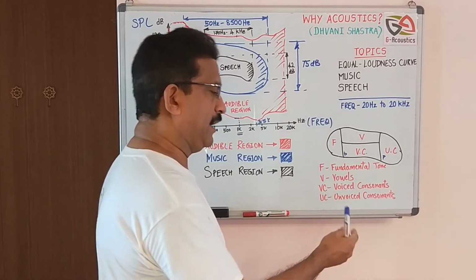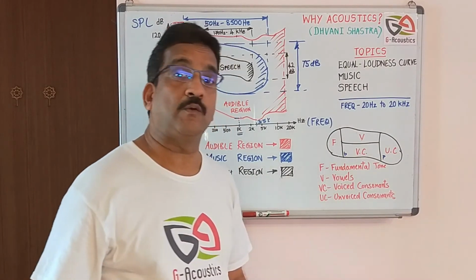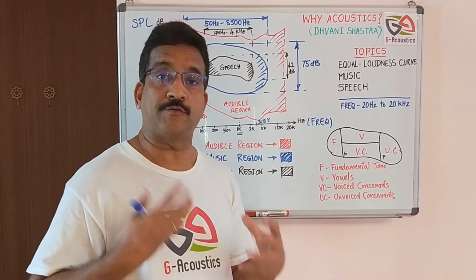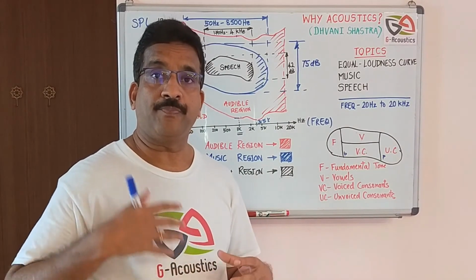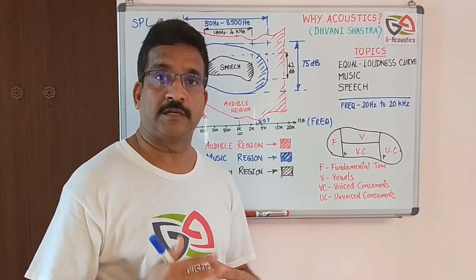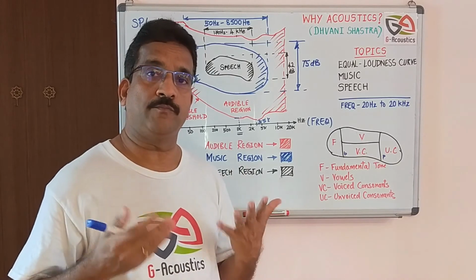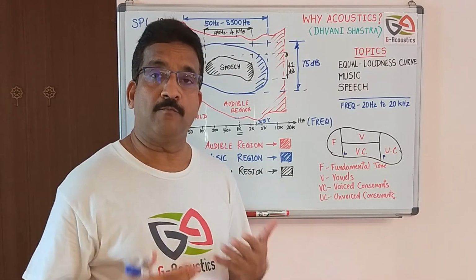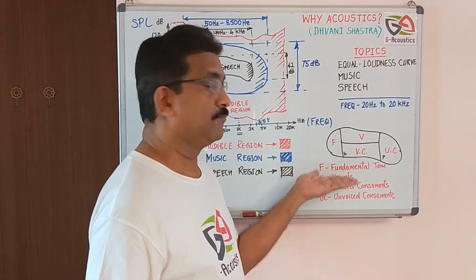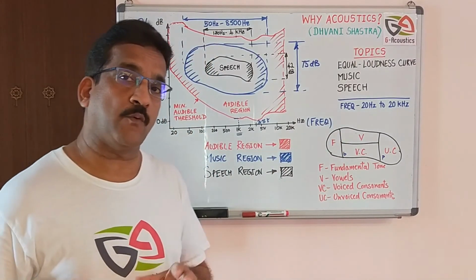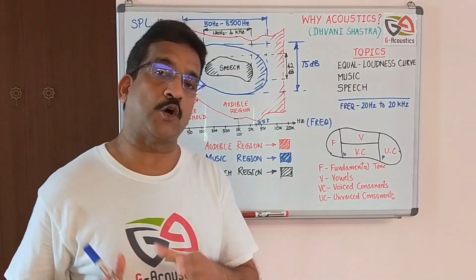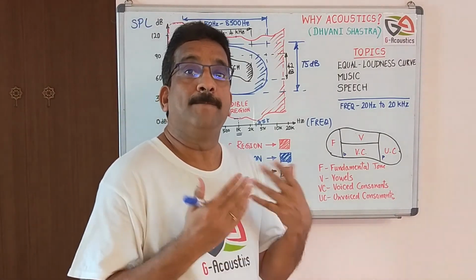Now, in language, vowels are the ones which give power. If you want to increase the power of any spoken sentence, we increase the volume of the vowels. If I want to increase my volume, I give more stress on vowels, right? Then my voice goes up. Consonants are the ones which give the message. Vowels give power, whereas consonants give message.